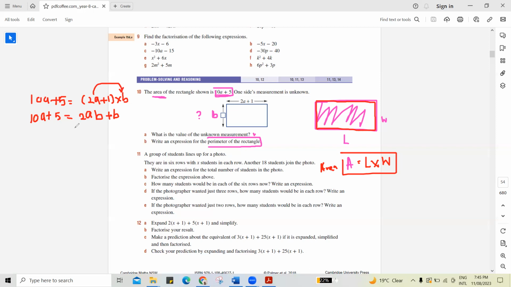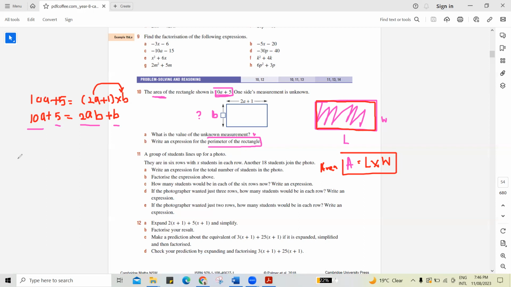Then left hand and right hand. Looking at that, we have to match the like terms. Now here 10a becomes 2ab. That means 2a times b. And here 5, here b.